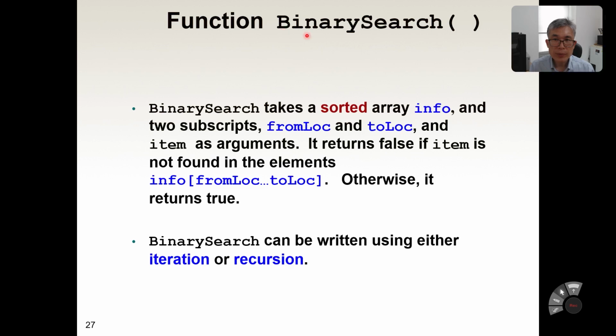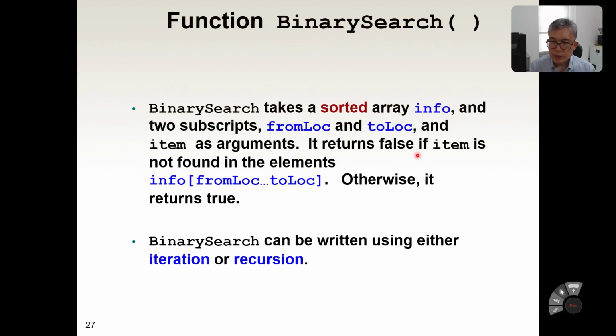So function binary search. We learned the binary search algorithm. Now we try to use it in a recursive function rather than an iterative function. The binary search takes a sorted array info and two subscripts, from location and to location, and item as arguments.